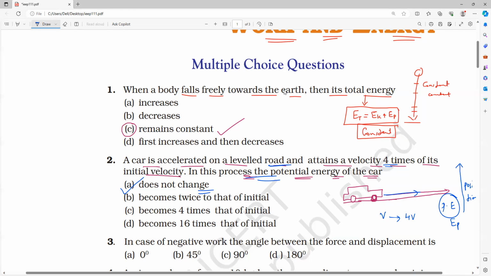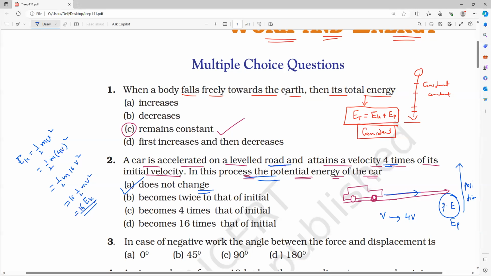Kinetic energy is different. The formula for kinetic energy is half mv square. Half mv square with v becoming 4v gives half m into 16v square, so 16 times the initial kinetic energy.